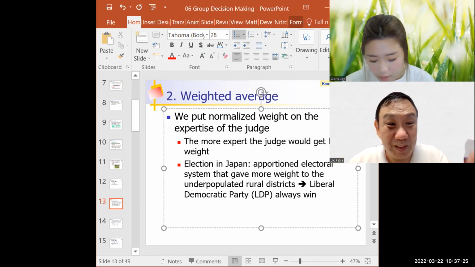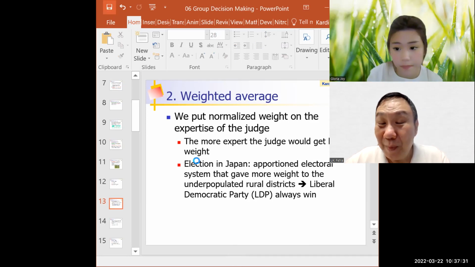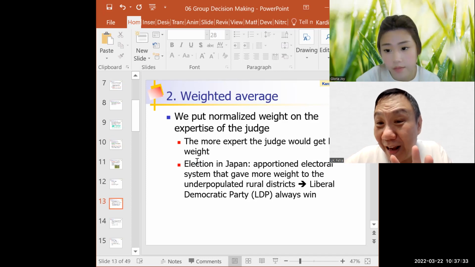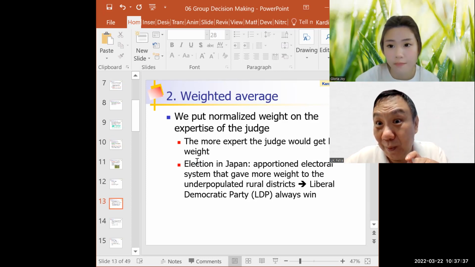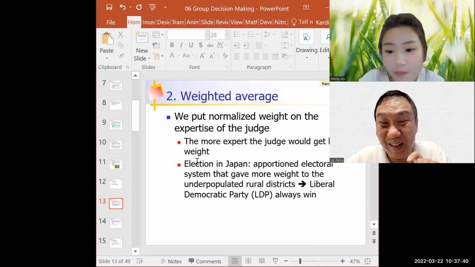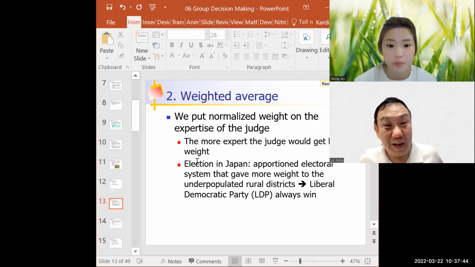Never lost. Practically in Japan, there is only one party. Why? Because if you are a family of a farmer, you get 5 votes. If you are not, you get 1 vote. That's why they always win.